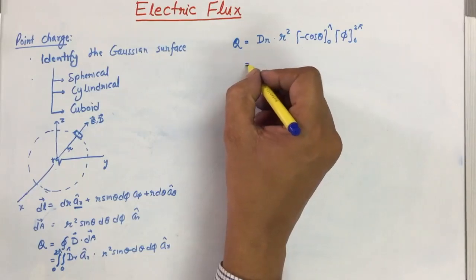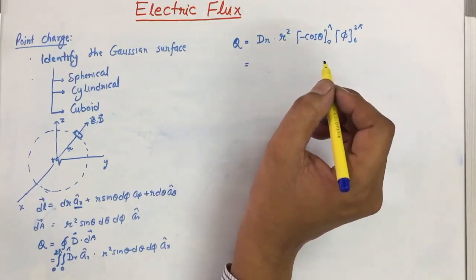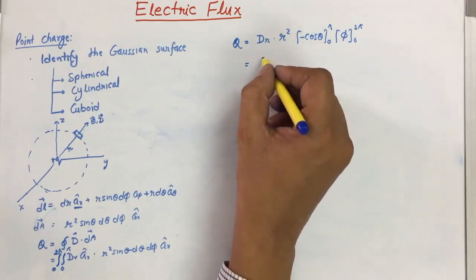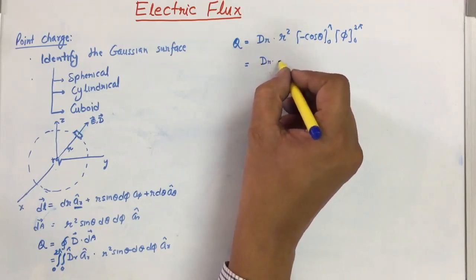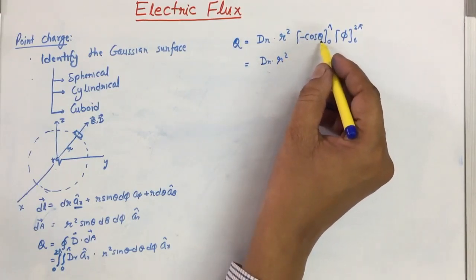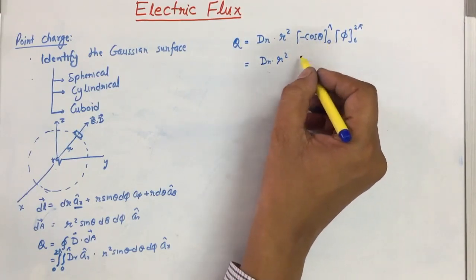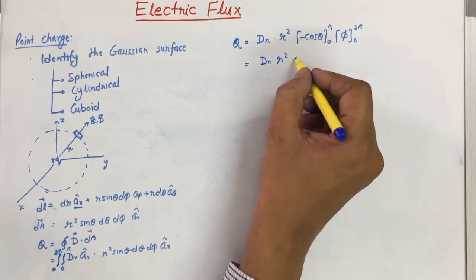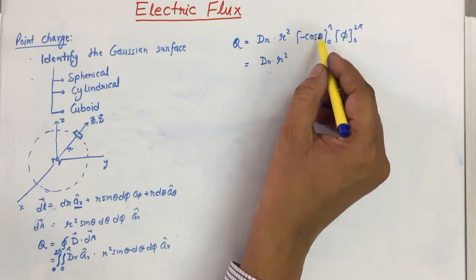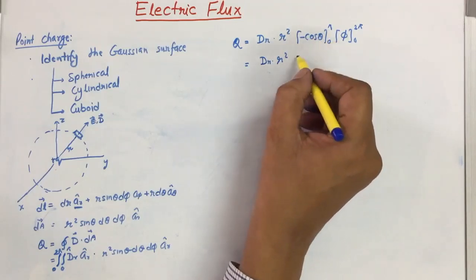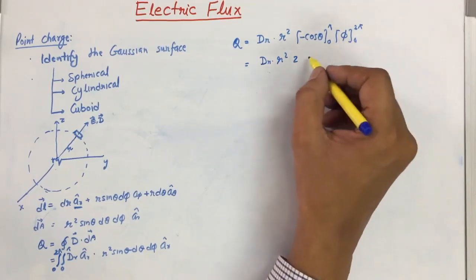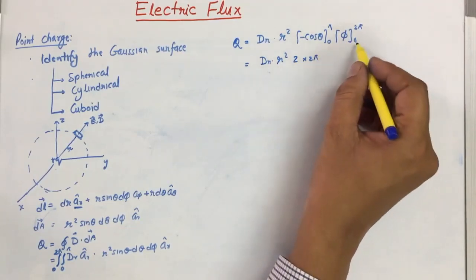From there we can say it is equal to D r square, cos pi minus 1 minus 0. So minus times minus 1 minus 1, it should be minus times minus 2, it should be 2, times 2 pi minus 0.